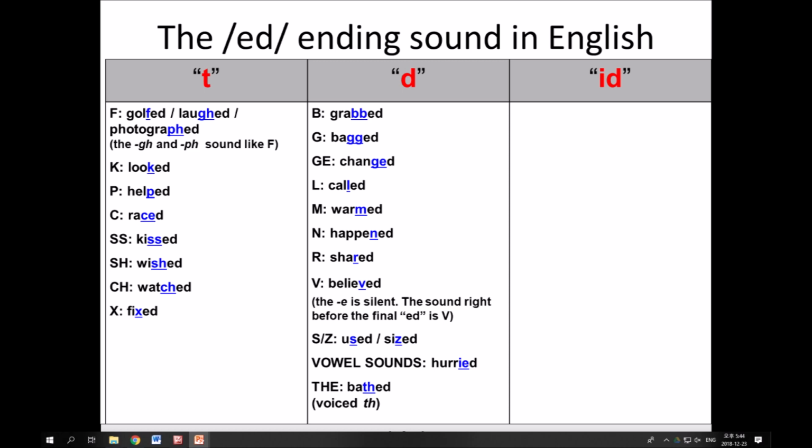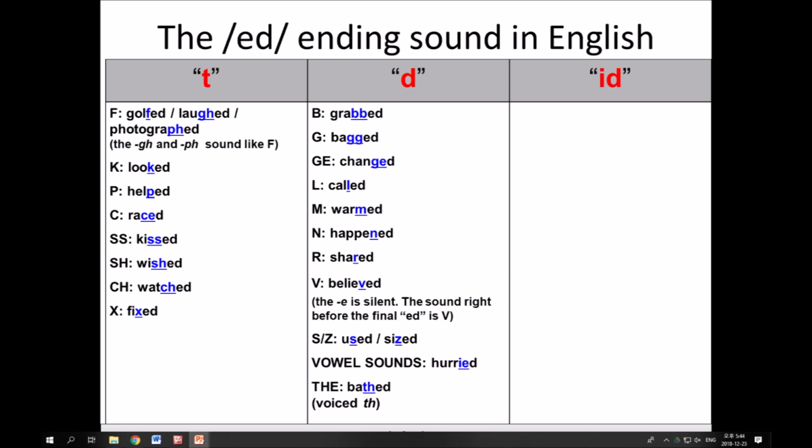All right, the first one is grab, and to spell this, we add an extra B and ED at the end of the word, and the pronunciation is grabbed. Okay, so very similar to T, you just pronounce the present form of the verb and add D at the end. Okay, so let's take a look at the next example. The G sound.